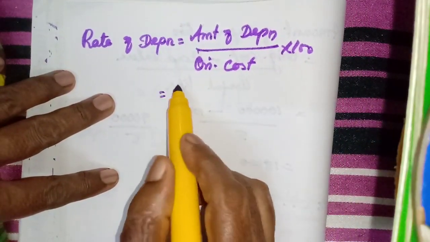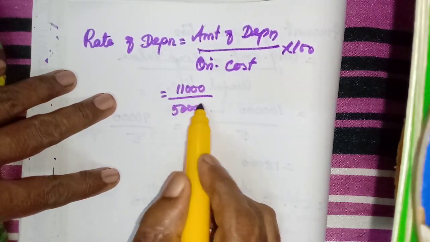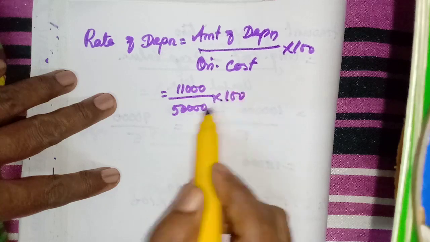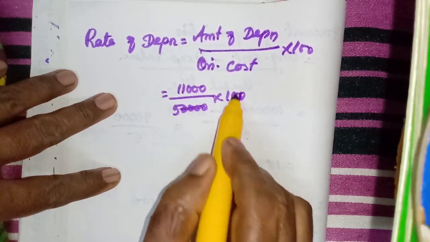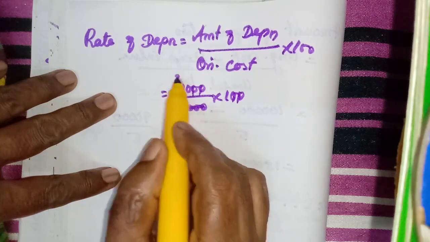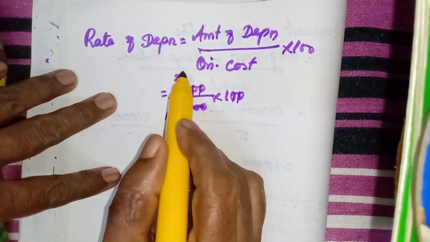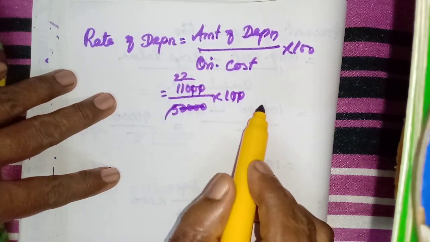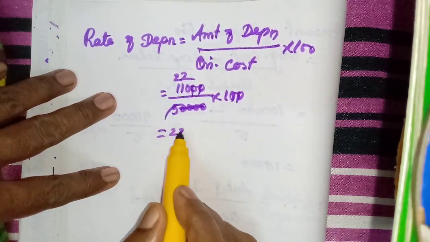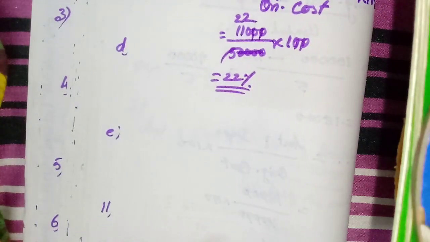Here amount 11,000, original cost 50,000, into 100. Cancel zeros, 5 2s are 10, balance 1, 10, again 2. So 22% is the answer.